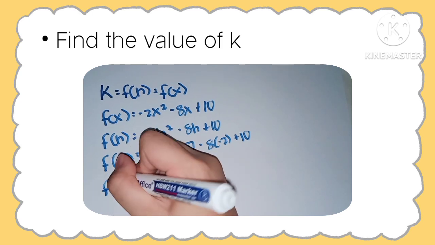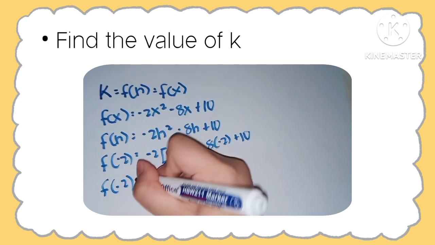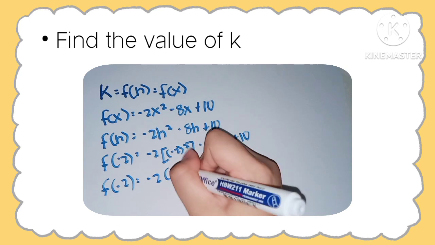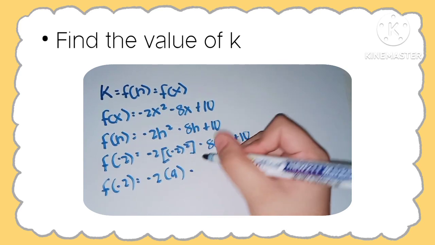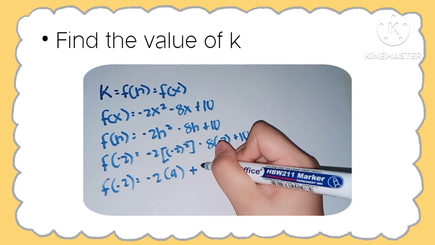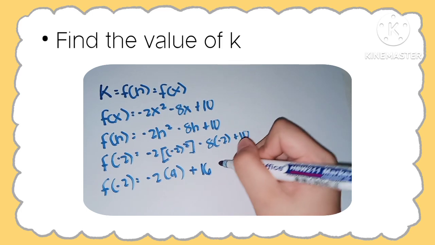So f of negative 2 is equal to negative 2 times 4 plus 16 plus 10.